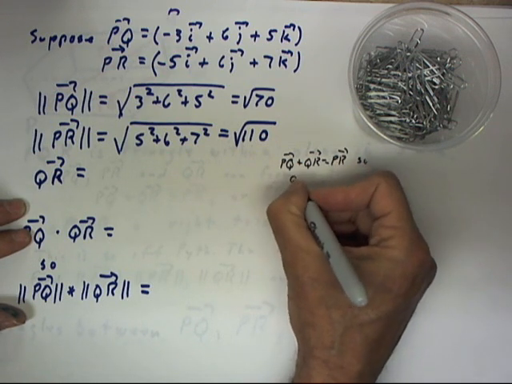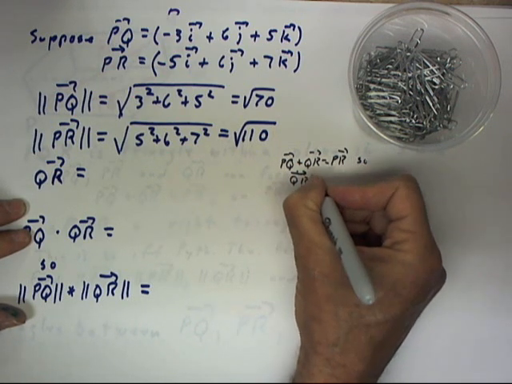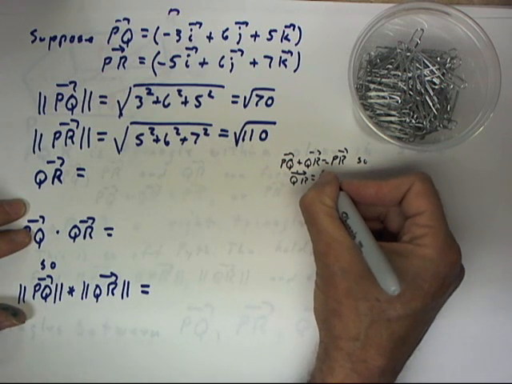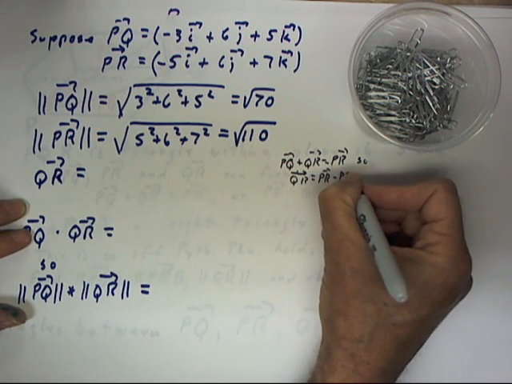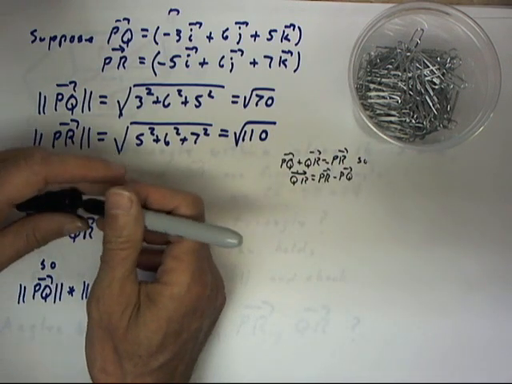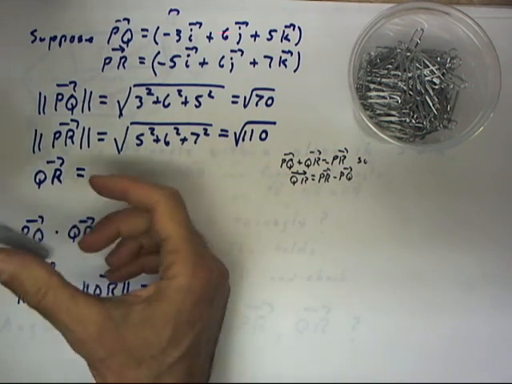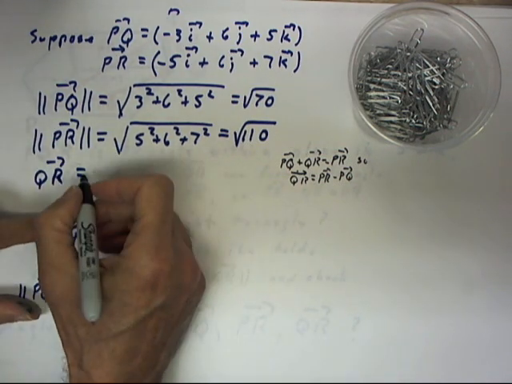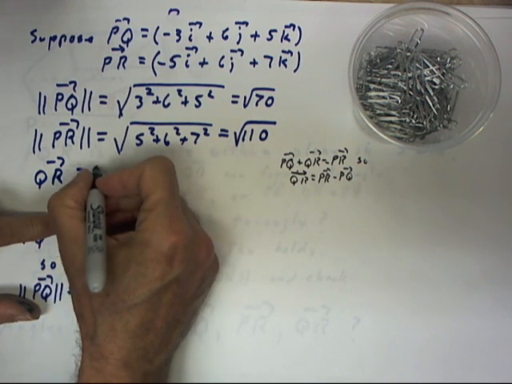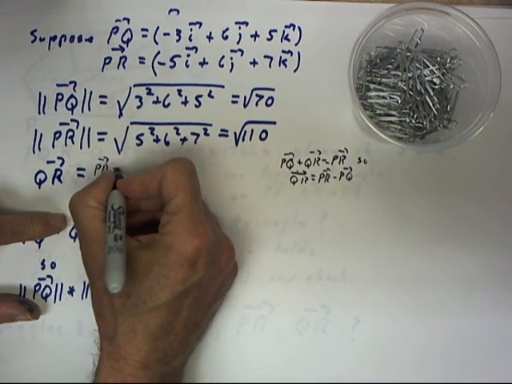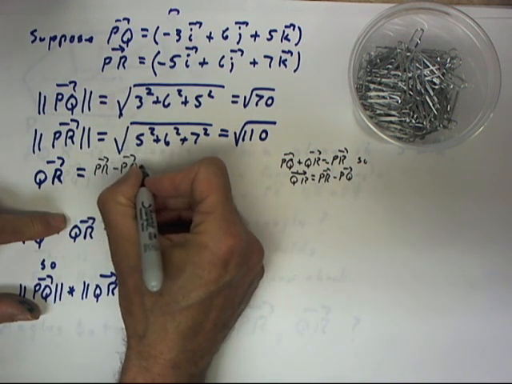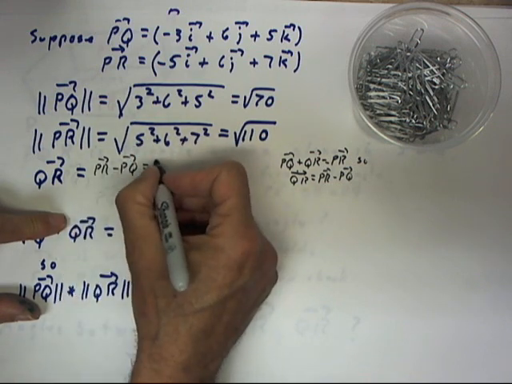So QR must equal PR minus PQ, so that QR is going to equal PR minus PQ, which is going to equal what?